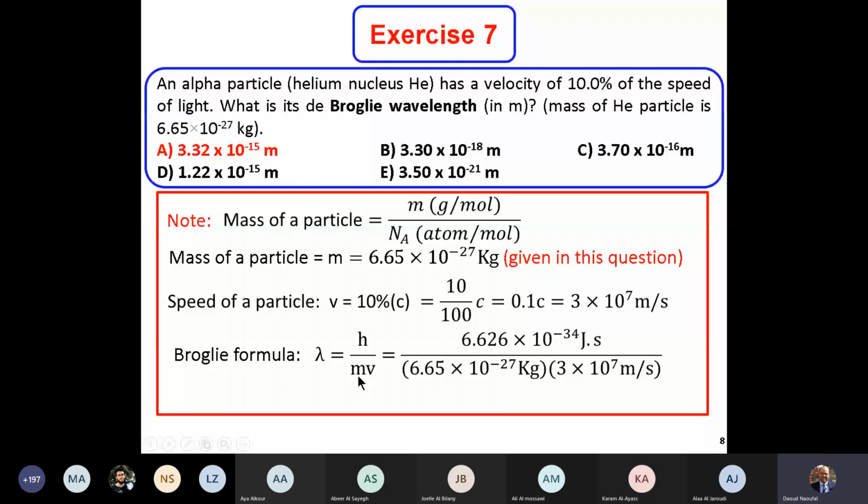We put the values in the expression of lambda, so lambda obtained is in meter. So lambda equals 3.32 times 10 to the minus 15 meter, and the correct answer is A.